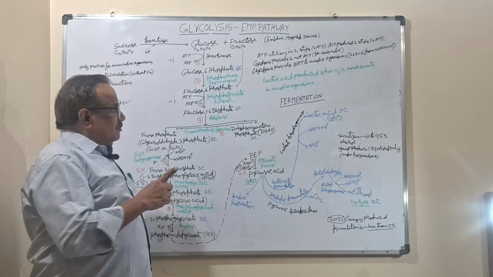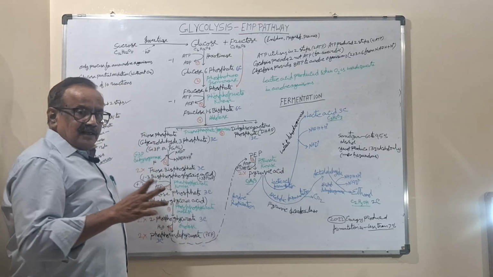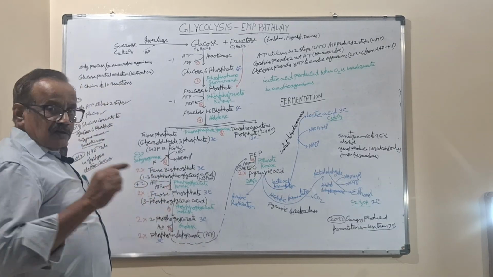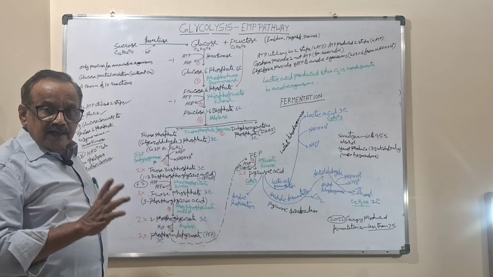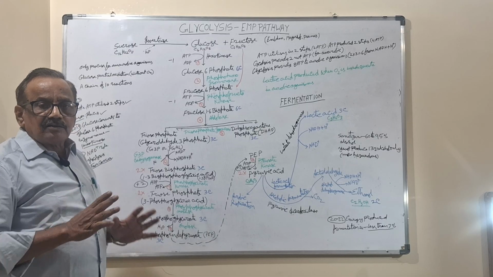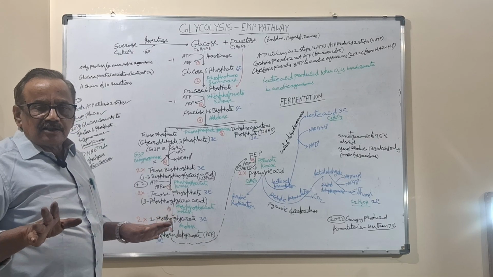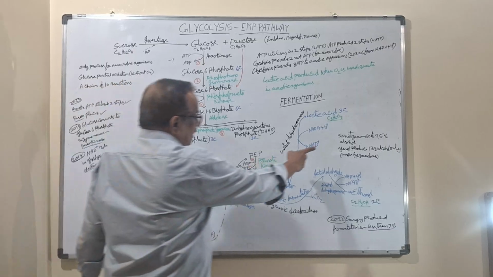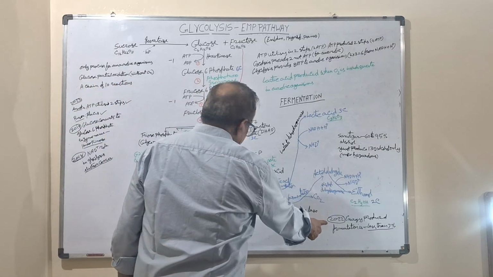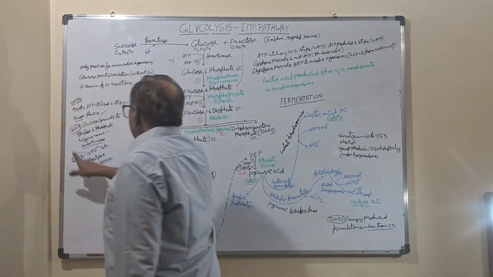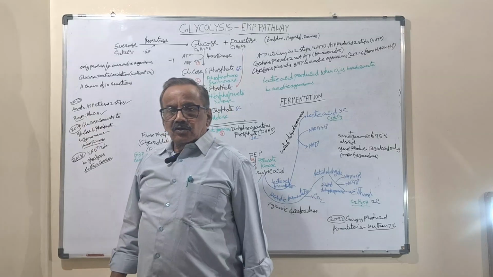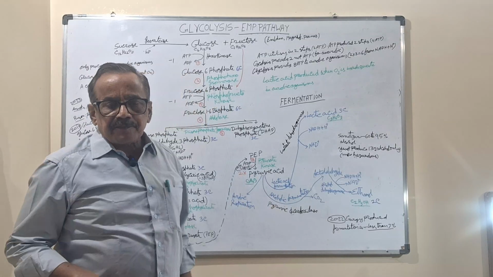So please see this entire thing, note down the important points and read it properly, and you will become perfect in glycolysis. Questions are coming: here you see in 22 one question came, 18 came, 19 came, 23 came, 24 and 25 didn't come.